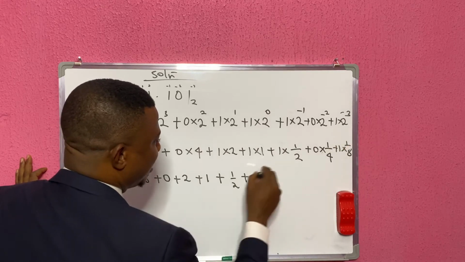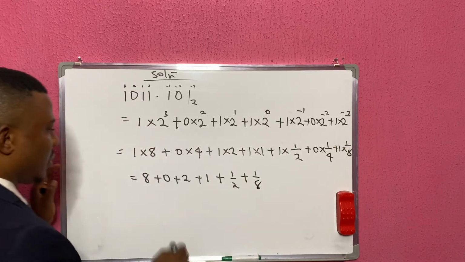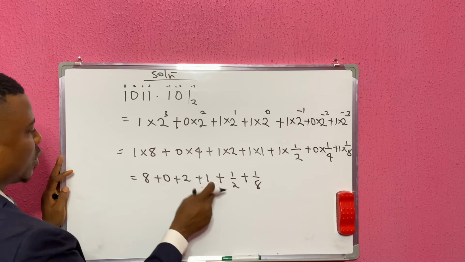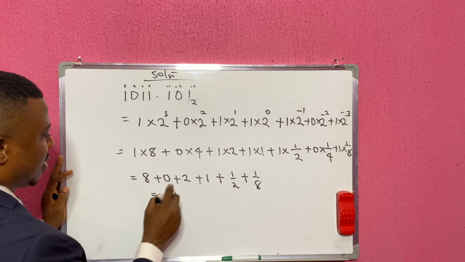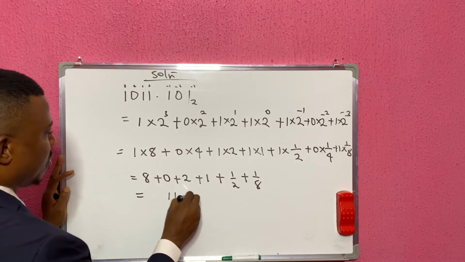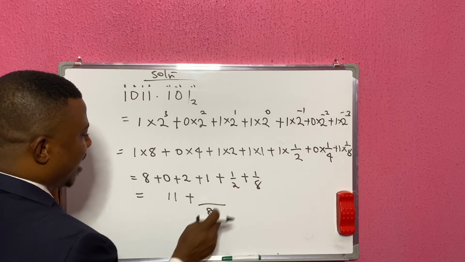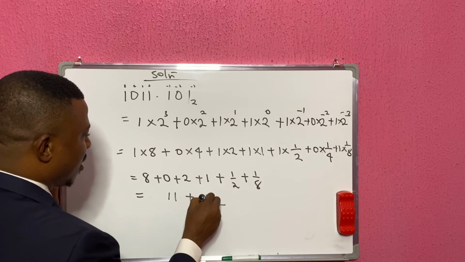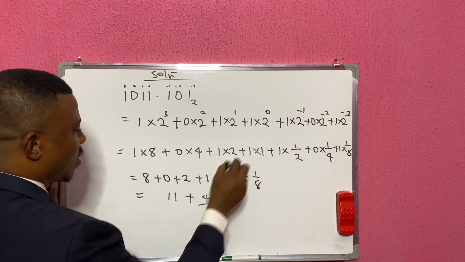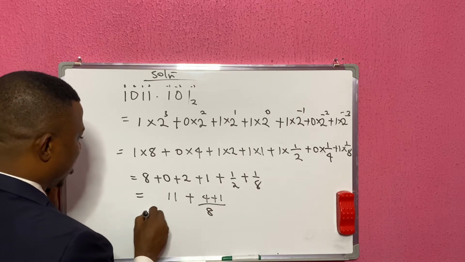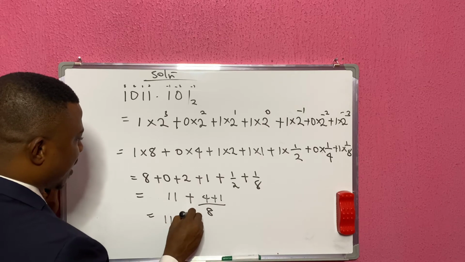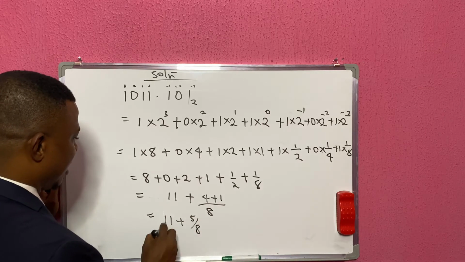Then 1 times 1 over 8 is 1 over 8. 8 plus 2 plus 1 will give us 11, plus, what is the LCM? 8 is the LCM. 8 divided by 2 gives us 4. 4 times 1 is 4. Plus 8 divided by 8 is 1, times 1 is 1.